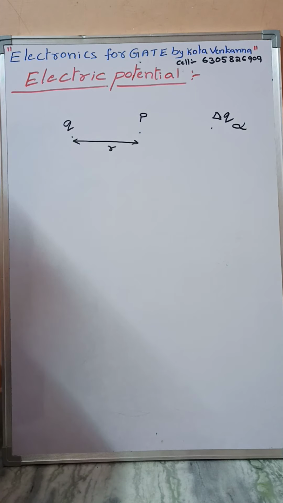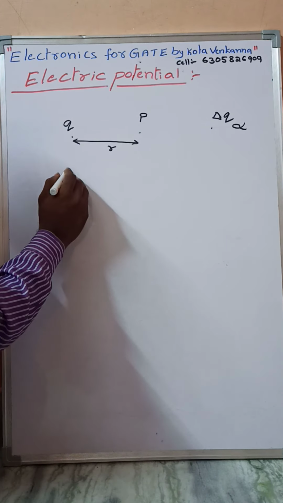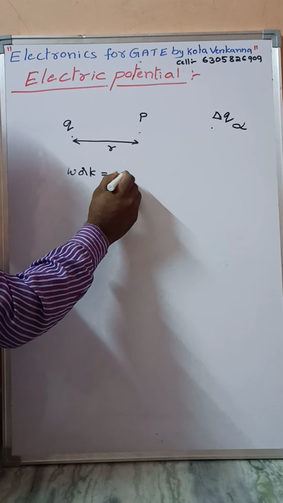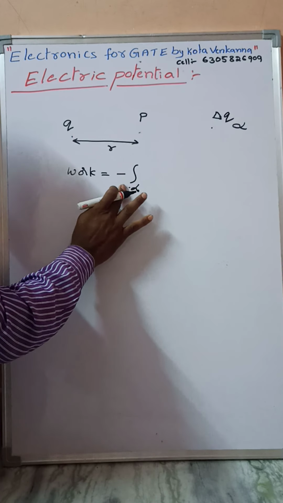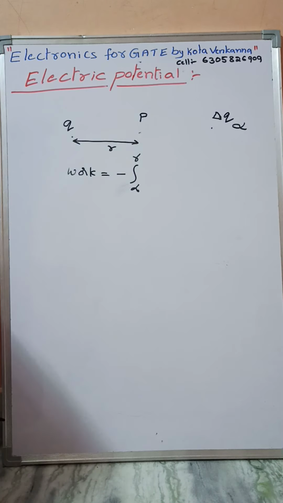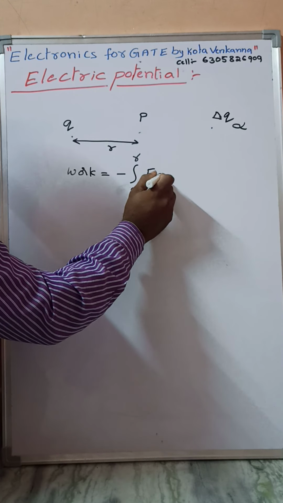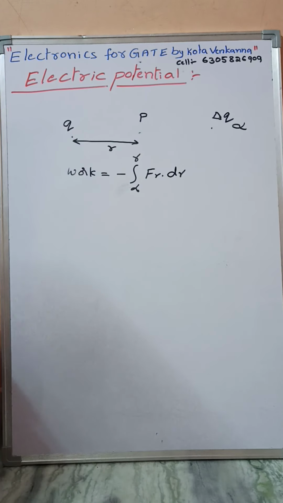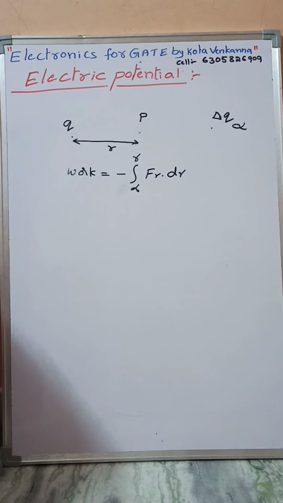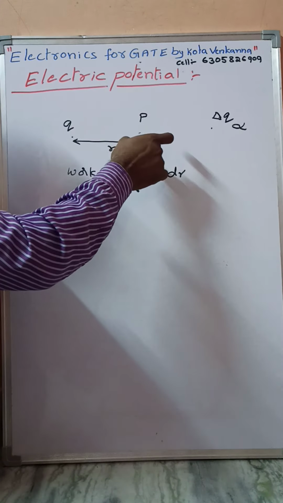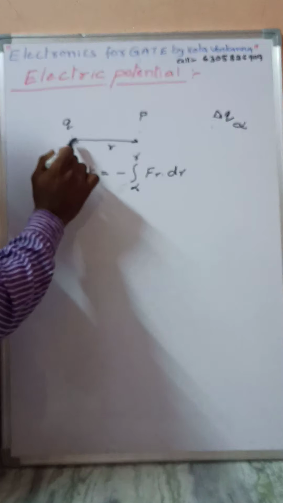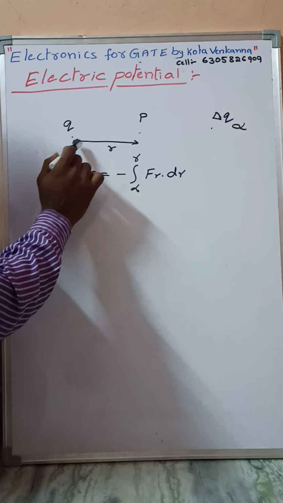That work is equal to minus the integration from infinity to r of F(r) into dr. So this is the representation of work done on the system when the test charge del Q is moved in the direction of Q to the point P against the force.